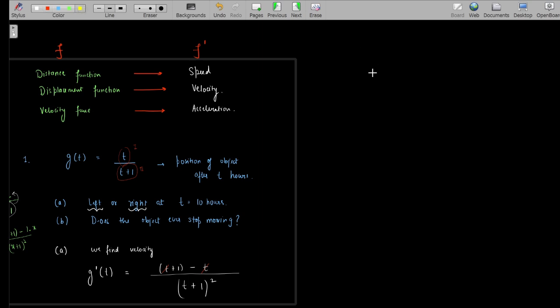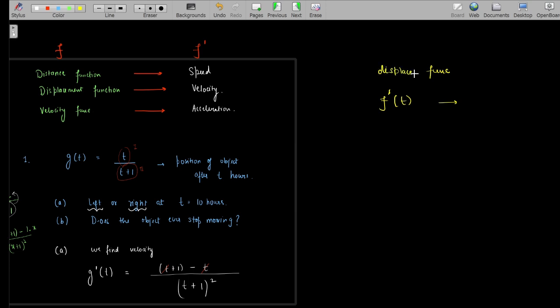Okay, so I'll tell you one more thing right now. See, if you have a distance function, let's say that you have a function f of t. Sorry, this is not distance, but let's call it displacement.